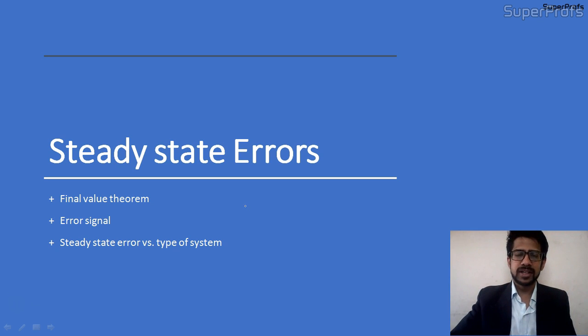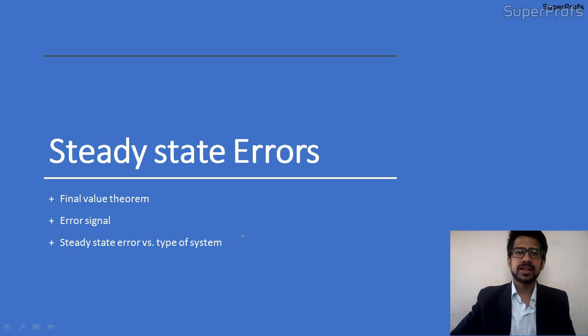That is why we need to study steady state errors and how they occur in different types of systems. For a type 0 system, there is a general type of steady state error that you get. For type 1 or type 2 systems, there are different steady state errors that you get for different inputs. Later on in this chapter, we will be studying steady state errors versus type of system.